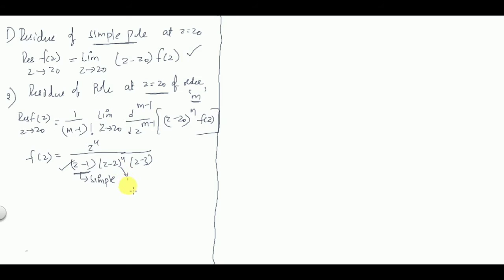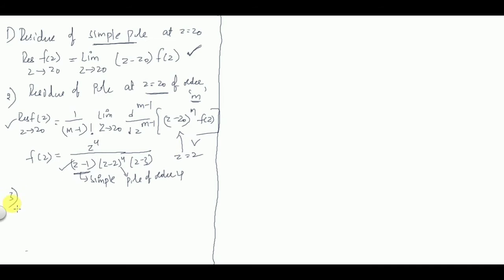And z is equal to 2 is a pole of order 4. If you are asked to find the residue at z is equal to 2, then you have to use the second formula. So based on the pole, if it is a simple pole, you have to use the first formula, and if it is a pole of order m, you have to use this second formula.